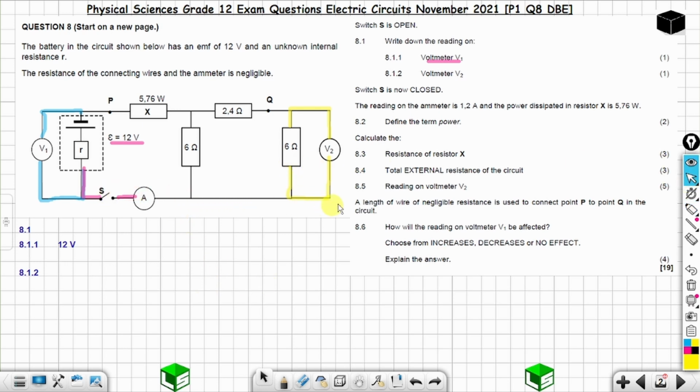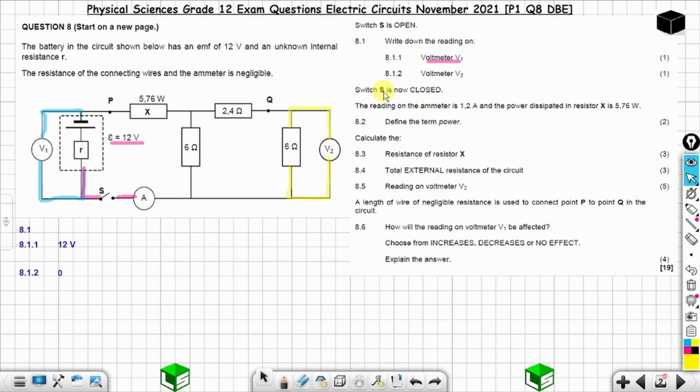Because no current is flowing in the circuit, you don't have current flowing through the 6 ohm resistor. So the voltmeter V2 will read 0 because no current is flowing, as switch S is open.